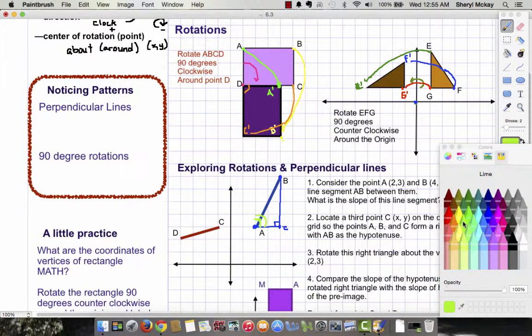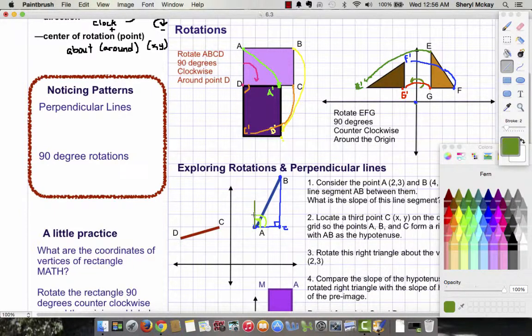So let me go ahead and use a different color. Maybe I'll use green, and I will create my new triangle. I'm going to take this line right here, this AC, and rotate it, goes 1, 2 over. I'm going to rotate it up so it hits right here, and it's going to make a line like that.